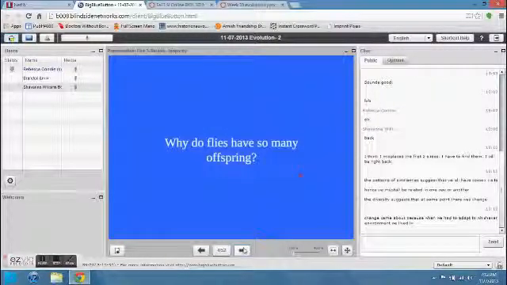Alright, so what about this question? Why do flies have so many offspring? Because a lot of them don't live. Not so cockroaches. If two cockroaches have all their descendants survive after 7 months, there's 1.64 billion of them.